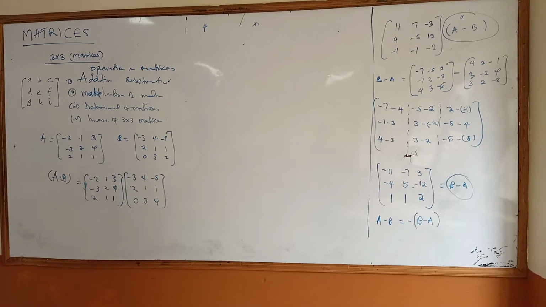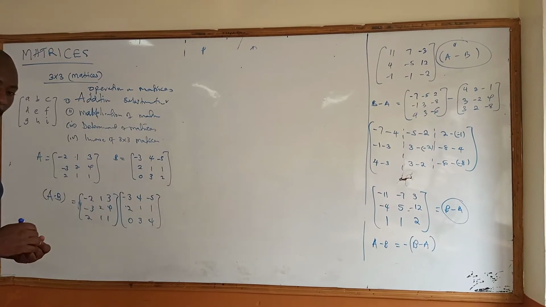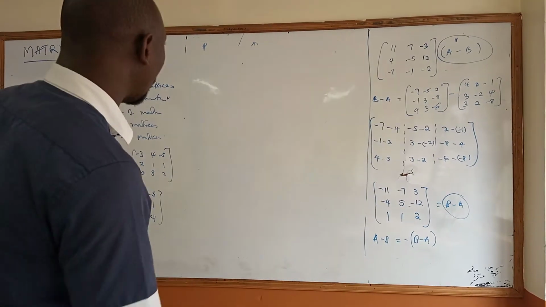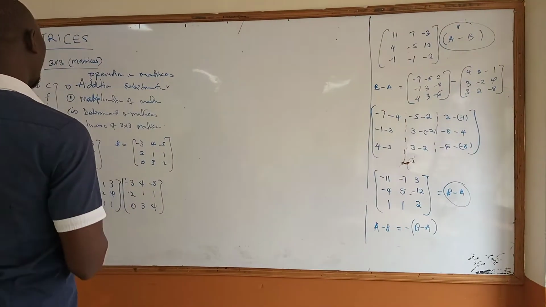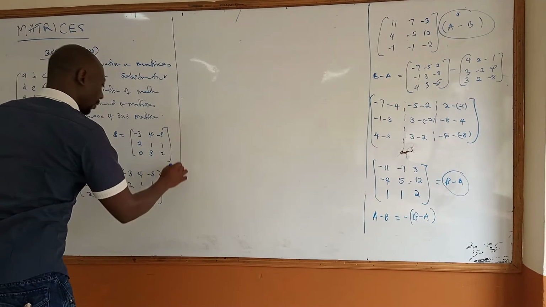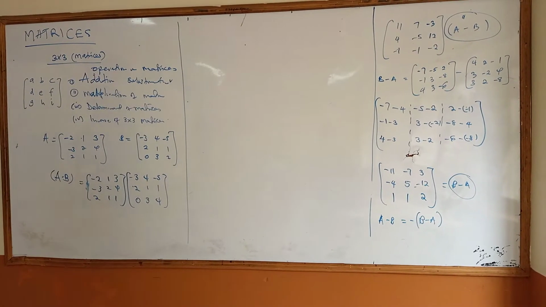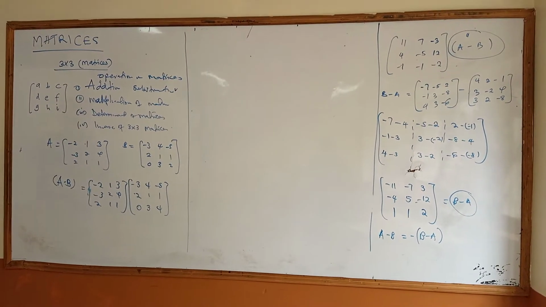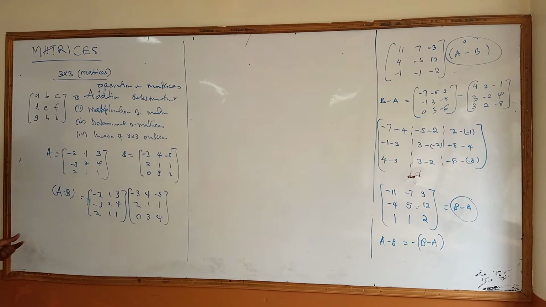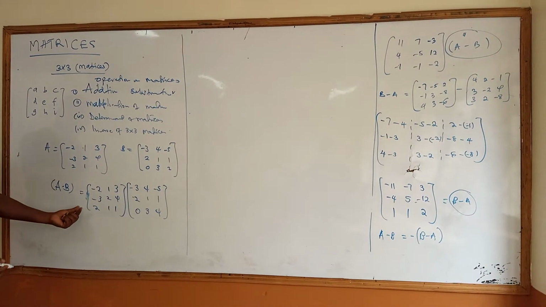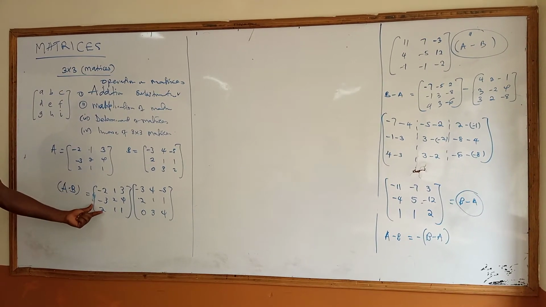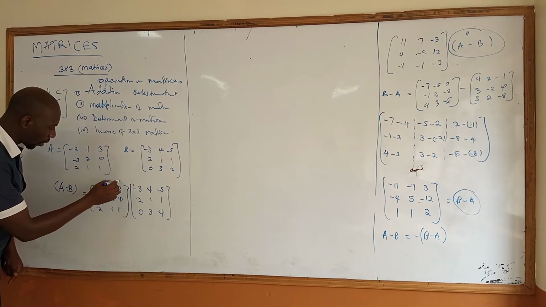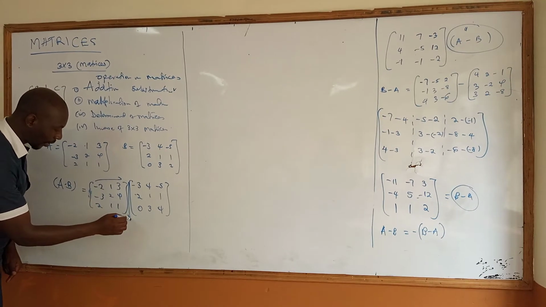So to perform this operation, you need to master what we call the rows and columns of a matrix. So what you do, you consider the first row and the column.